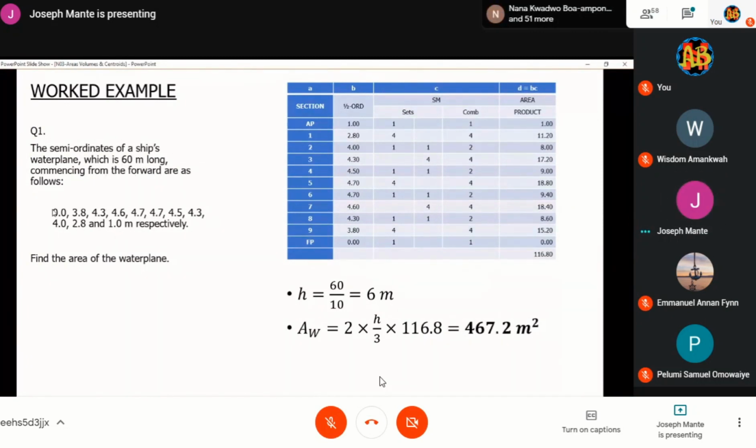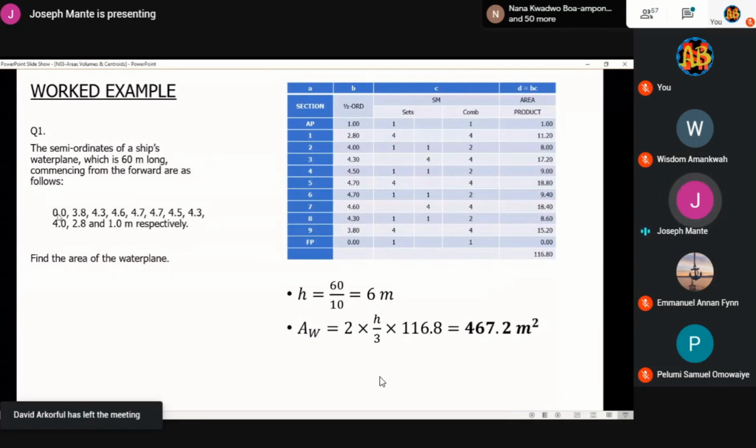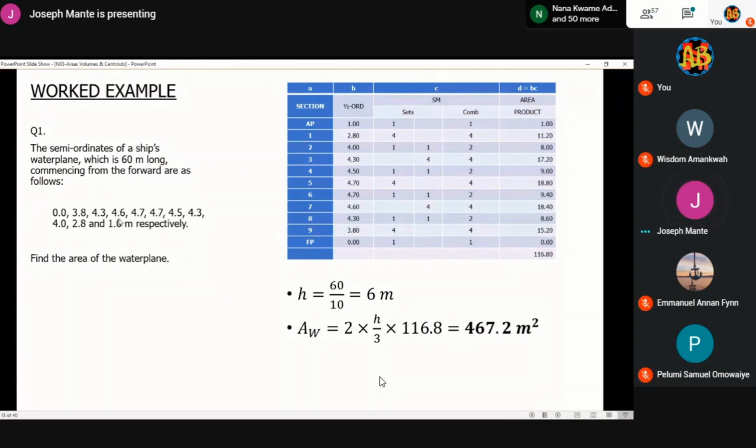Realize that these are the coordinates from the midship section to the shell plate, from the 1 to that, which becomes your semi-coordinate. So these are the coordinates: 0.0, 3.8, 4.3, 4.6, 4.7, 4.7, 4.5, and it goes on like that. Find the area of the water plane.